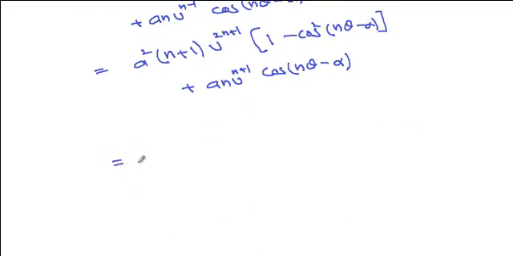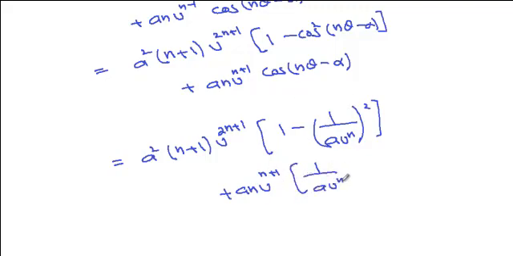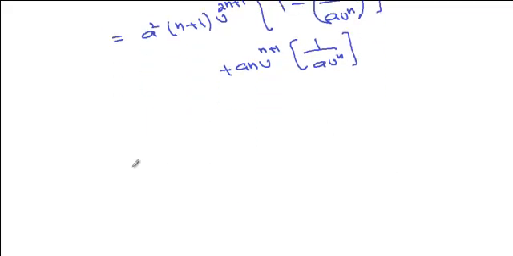This will become A²(n+1) u^(2n+1), and then this will be 1 over A u^n, because there is the square of this cos, plus A n u^(n+1), and this will be 1 over A u^n. So now let us simplify it.